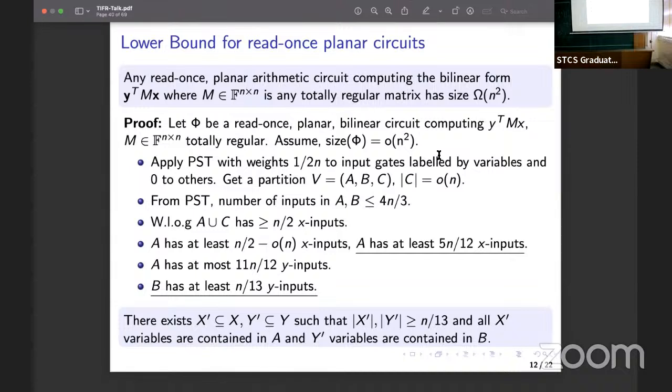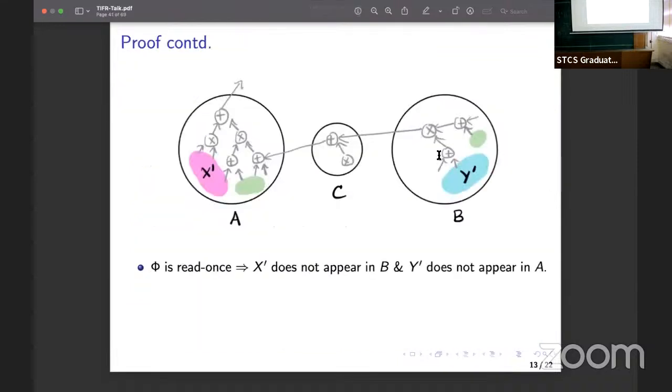So you have two sets of variables, X prime and Y prime, each of size roughly n over 13, that is omega of n, such that all the variables in X prime are contained in A and all the variables in Y prime are contained in B. This is how the picture would look. You have A, B, C. This is a representative image; your original circuit may not be like this.